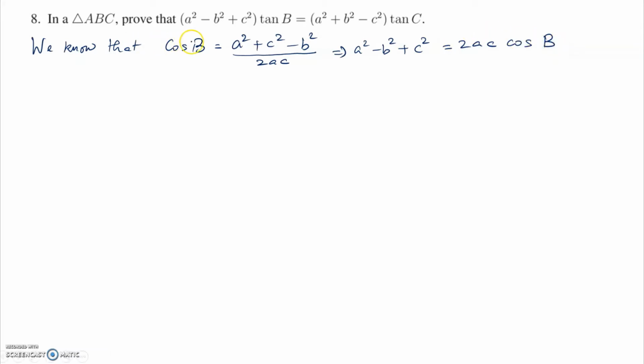So this is the same as this term here on the left hand side.